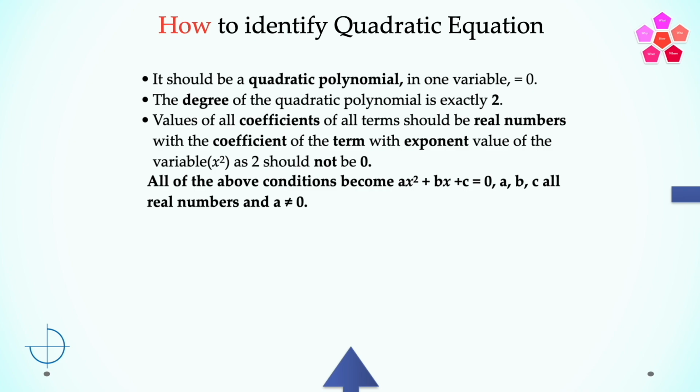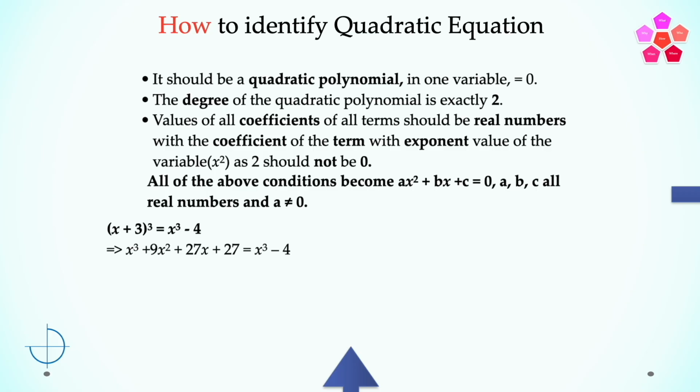So let's take 4 examples and see if the equations qualify to be quadratic equations or not. Let's take the first one. (x plus 3) as a whole cube is equal to x cube minus 4. On simplification, we have x cube plus 9x squared plus 27x plus 27 is equal to x cube minus 4.